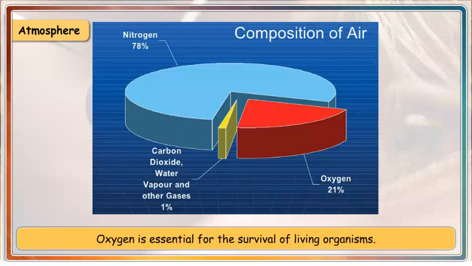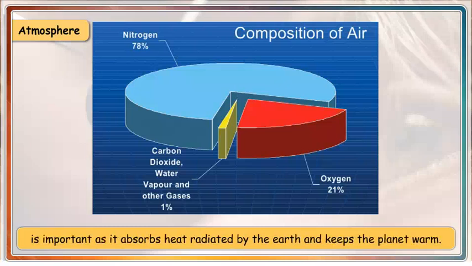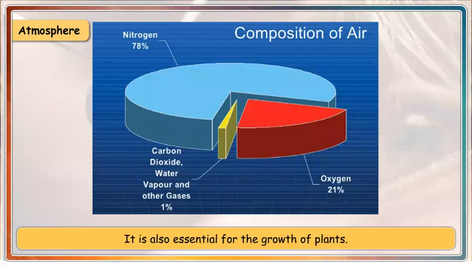Oxygen is essential for the survival of living organisms. Nitrogen helps in the growth of living organisms. Carbon dioxide, though present in minute amount, is important as it absorbs heat radiated by the Earth and keeps the planet warm. It is also essential for the growth of plants.